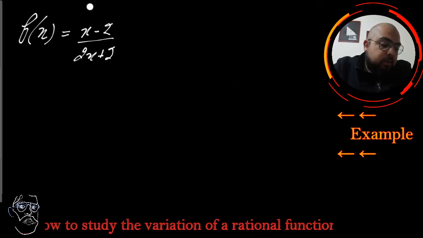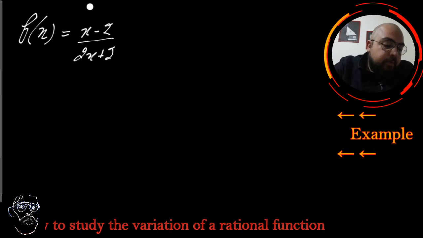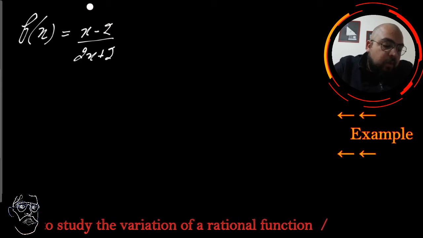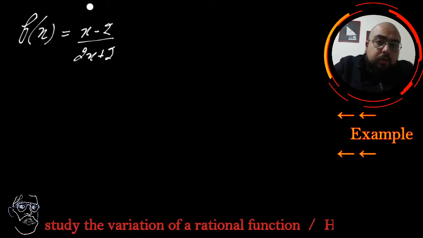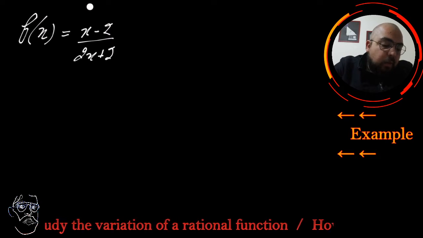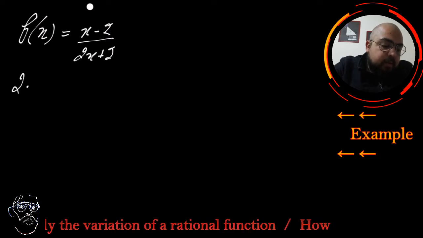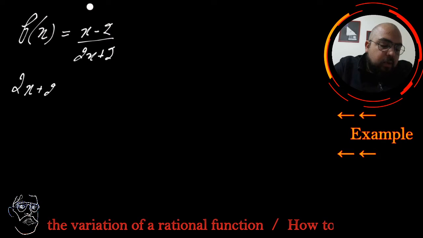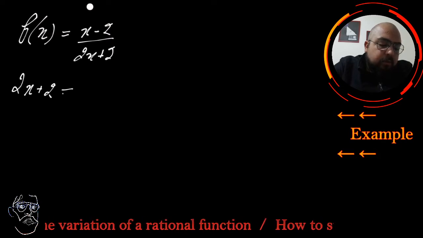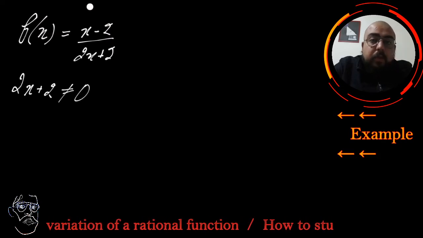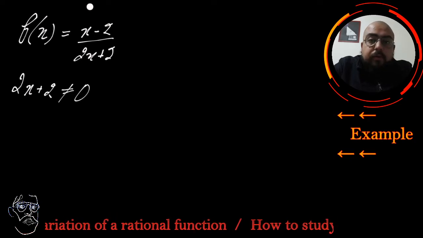The first thing is to talk about the domain of definition. So this function actually exists whenever 2x plus 2 is different than 0. The denominator should be different than 0.